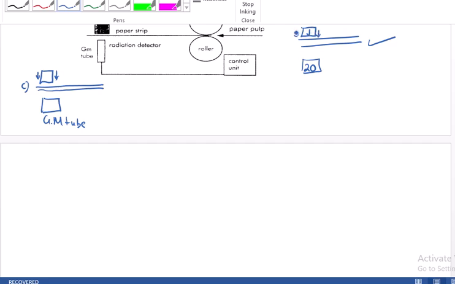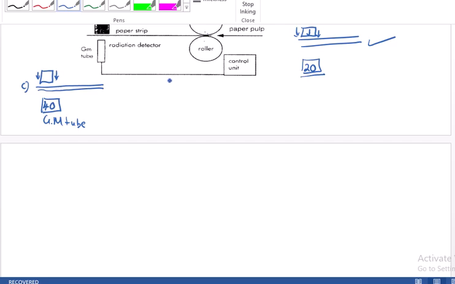Now, the source sends radiation, and the tube reads 40. When it reads 40, it means the paper is very thin. This is the paper, straight, very thin. This means the rollers must apply less pressure. So when the control unit sees that the reading is 40 instead of 20, it sends a message to the rollers to reduce the pressure until the reading is 20. So this is how a thickness gauge works.